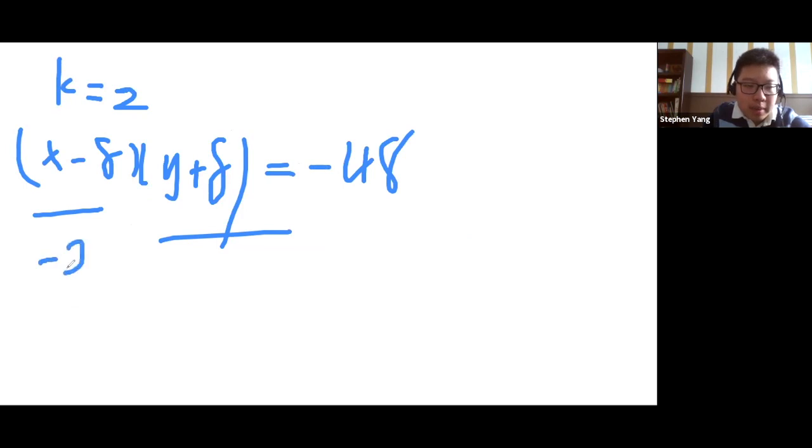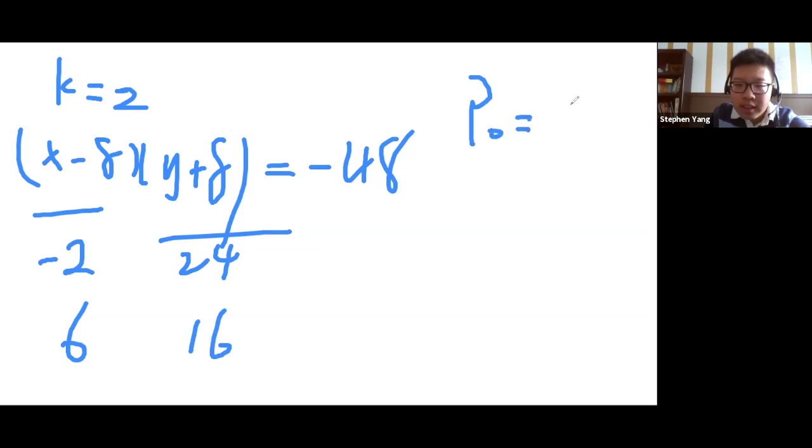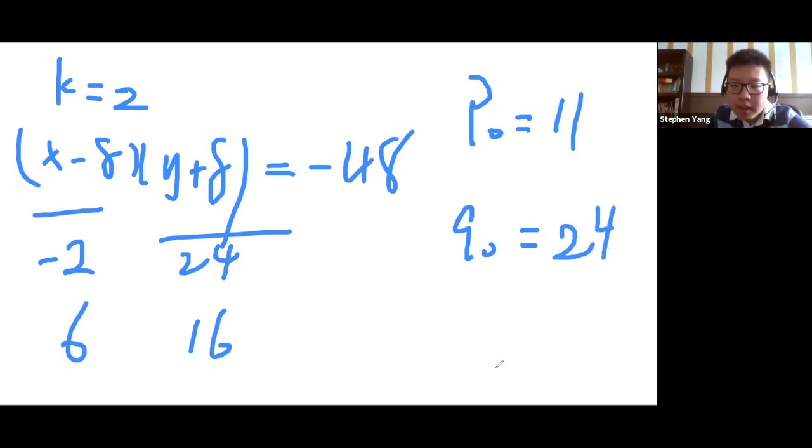And let this be negative 2 and this be 24. We'll get X is 6, Y is 16, which means P0 is 11, Q0 is multiply and then divided by 4, which is 24. Checking the solution, this also satisfies.